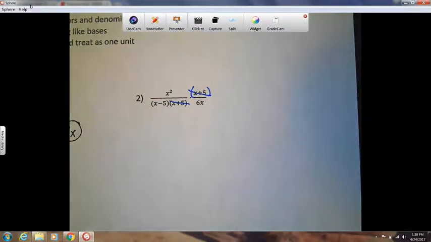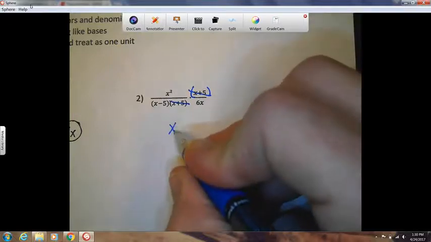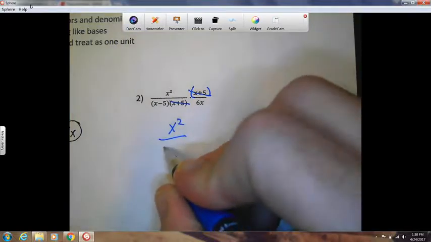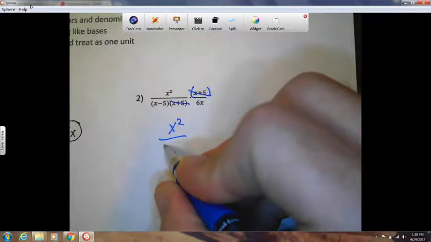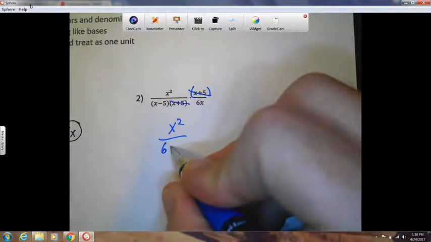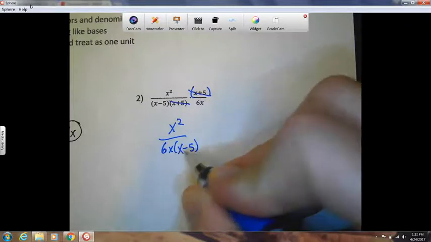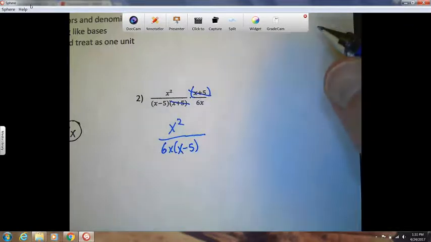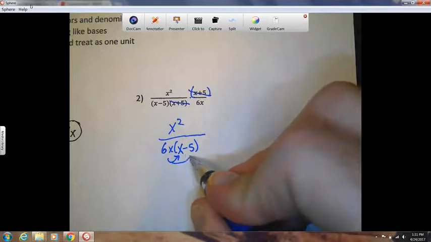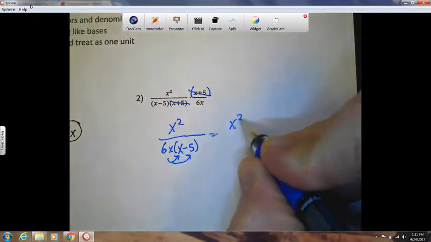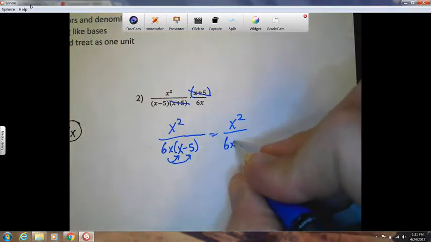So I have x squared over 6x times x minus 5. So I'm going to multiply this out. 6x squared minus 30x.